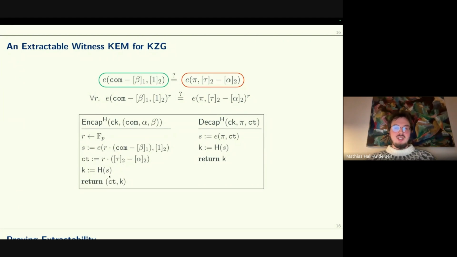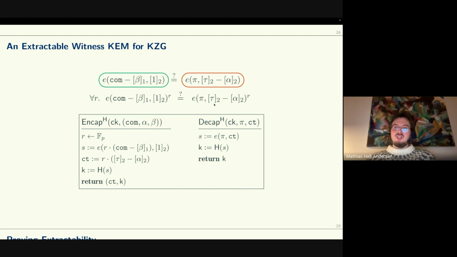And my encapsulated key, I want it to be a hash of S, because in a reduction, S is only going to be hard to predict, but it's some random group element of some distribution, and I want to recover a random encapsulated secret.